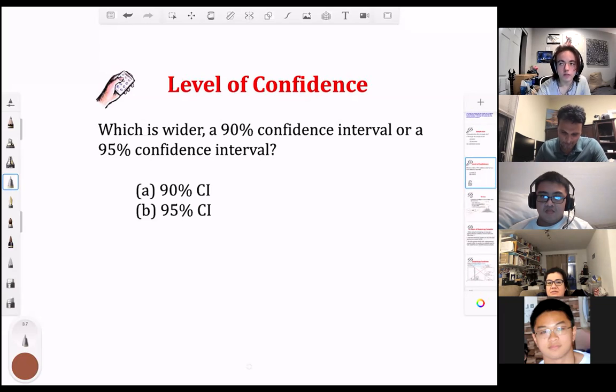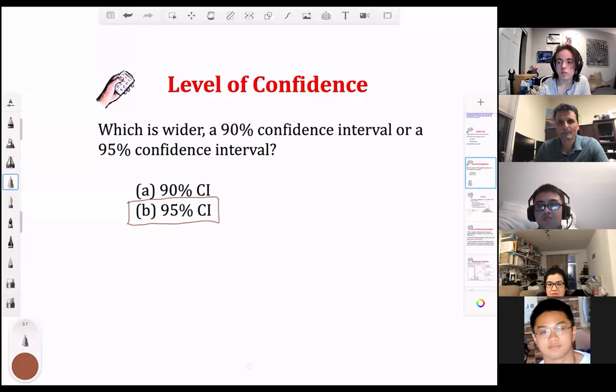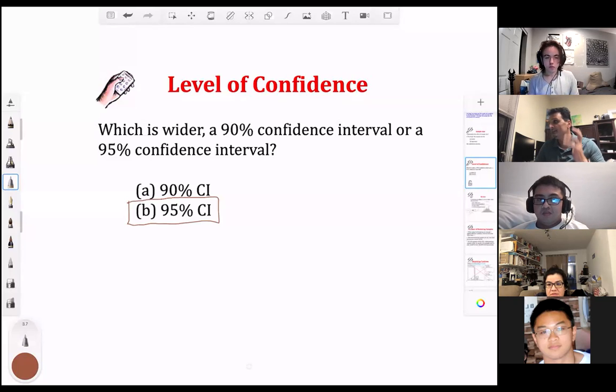Right, the 95% confidence interval will be wider. Again, you need to visualize it. It should make sense.